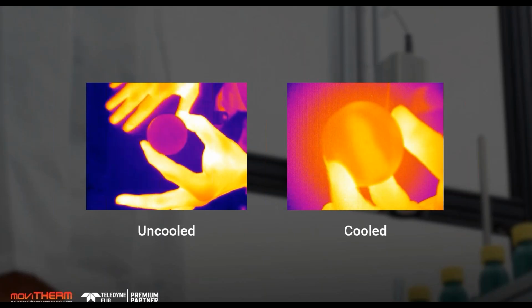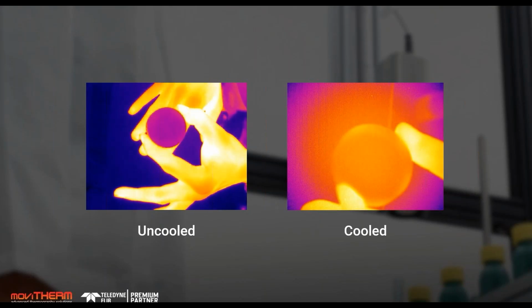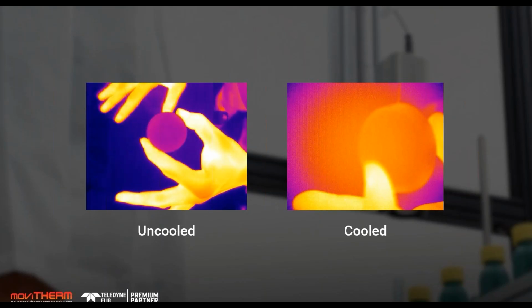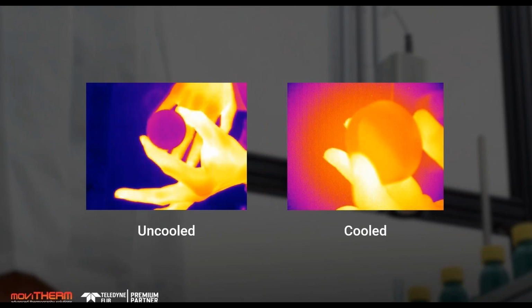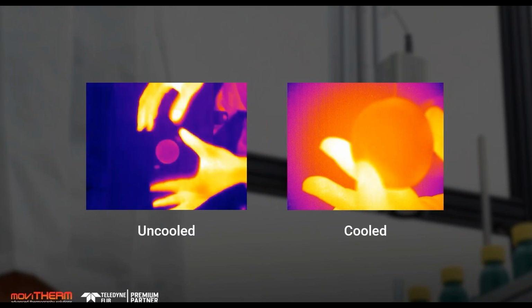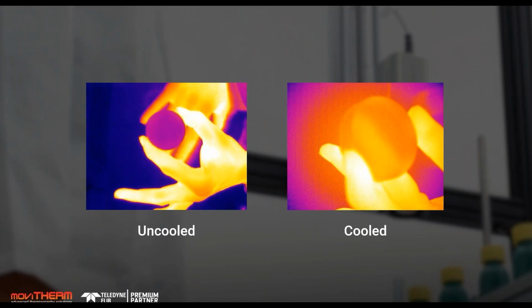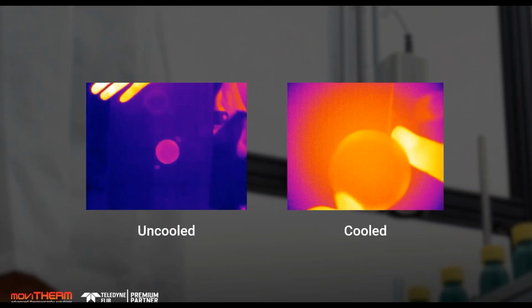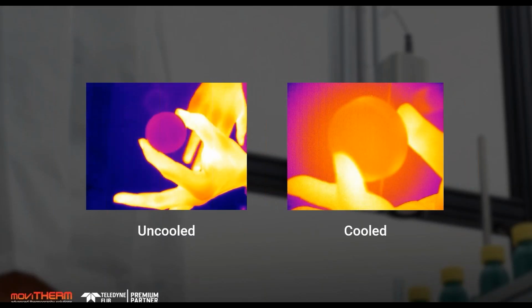Yeah, absolutely. So you can see the image on the left, the video, and what they're trying to display here. When he waves his hand in front of the cap or behind the cap, you can't see the hand, right? So with the uncooled camera, it's completely opaque, and this is fine for most applications.